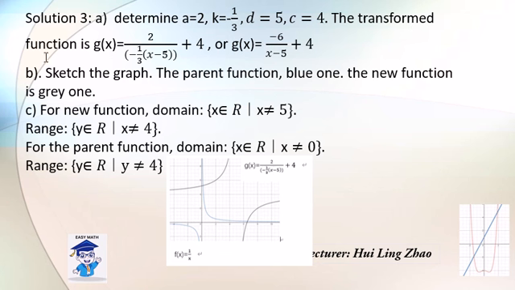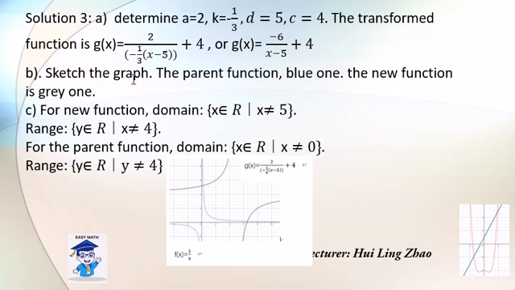The transformed function is g(x) equals 2 over the whole denominator of negative 1 over 3 times the factor (x minus 5), and then plus 4. Or we can simplify like that: g(x) equals negative 6 over the whole (x minus 5) and then plus 4. The two expressions are equal.